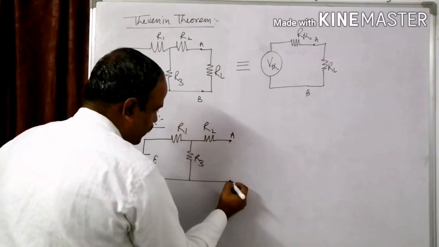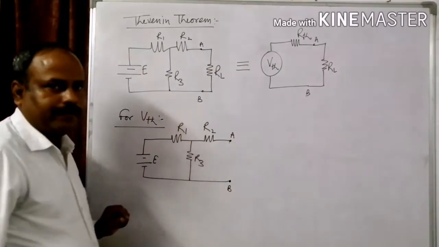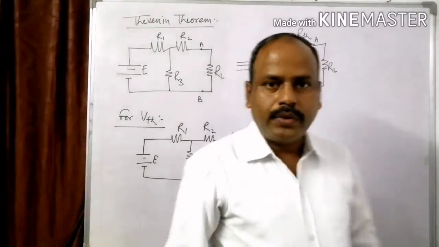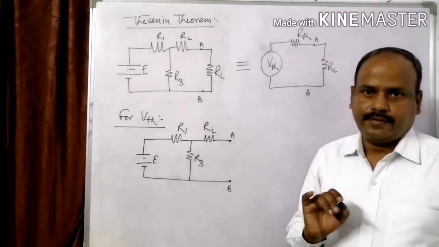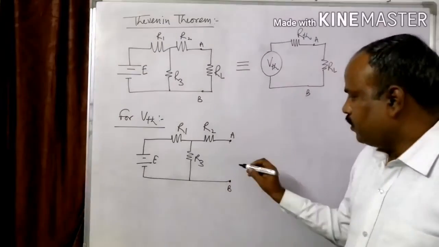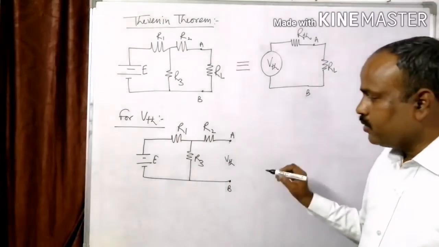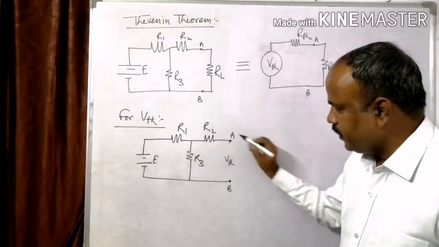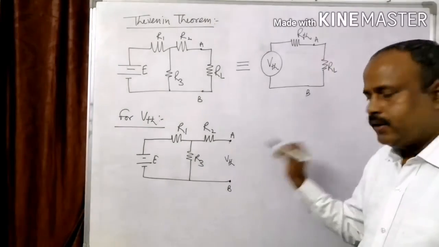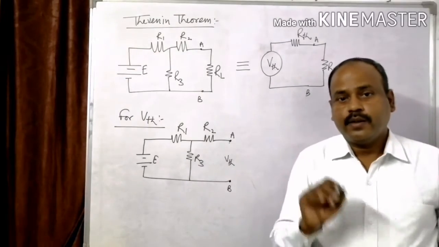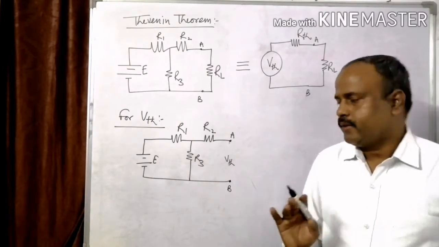This is point A and point B. According to the statement, I removed the load resistor, and I am going to calculate the open circuit voltage, or the potential difference between points A and B. This potential difference is nothing but the Thevenin equivalent voltage, the open circuit voltage.